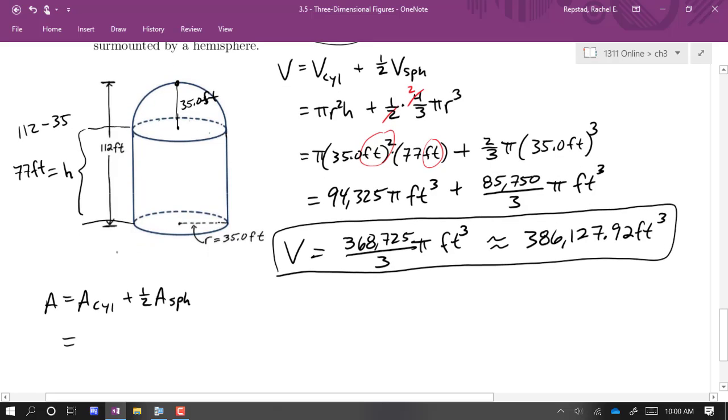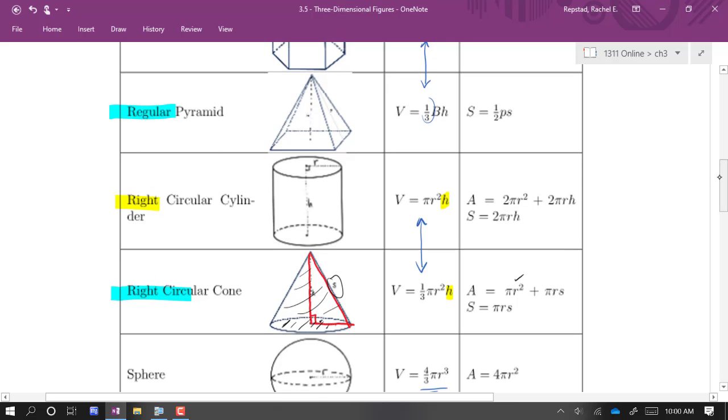But for that cylinder part, we're going to just have one base and then the lateral surface area. So that one base is just pi r squared. The area around that lateral surface is 2 pi r h.